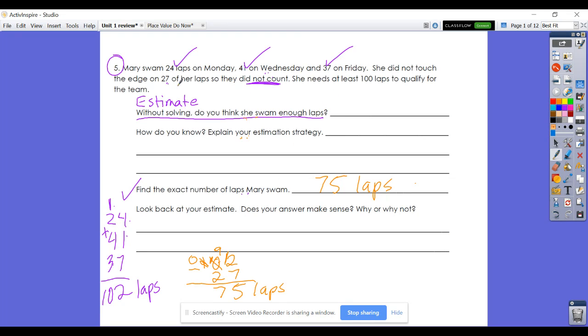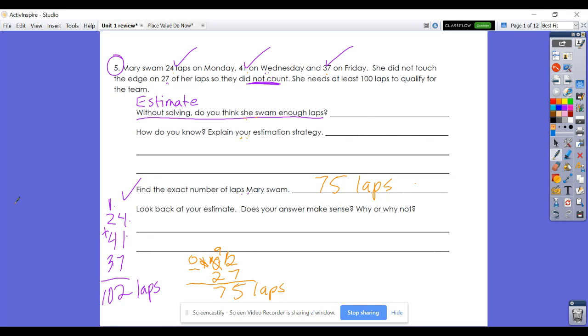If we rounded all of these numbers down and then added, and she was over in that, we would for sure know that she did enough. So we could just round all these numbers down and see if she did enough.